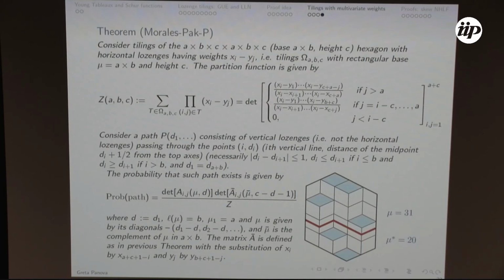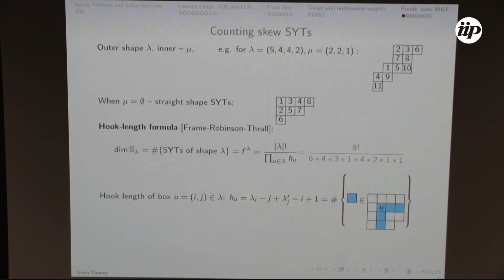So a small digression, where these formulas came from. In some sense, it came from algebraic geometry, but here is the story. It was about counting the standard Young tableau that I was showing in the beginning. You might have heard that the number of standard Young tableau, or the dimension of this irreducible representation of the symmetric group Sn, the Specht modules indexed by lambda, is given by this hook length formula, which in the literature is called a miracle, because it's a product formula.